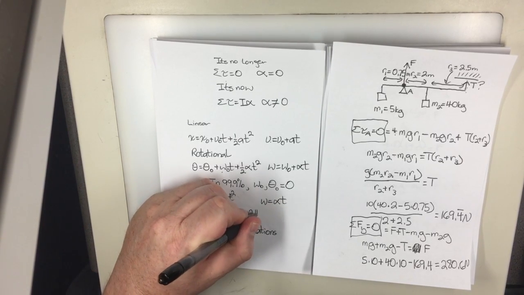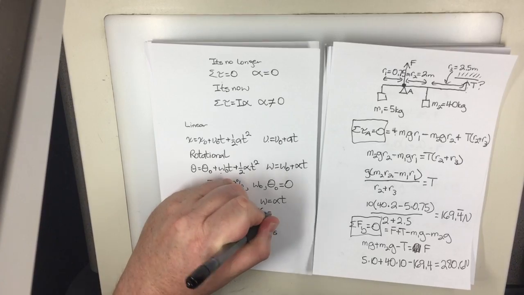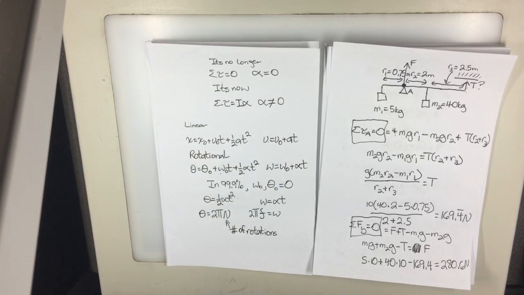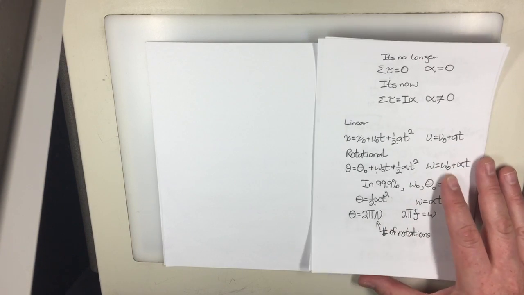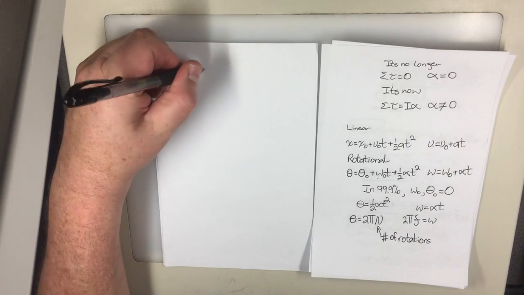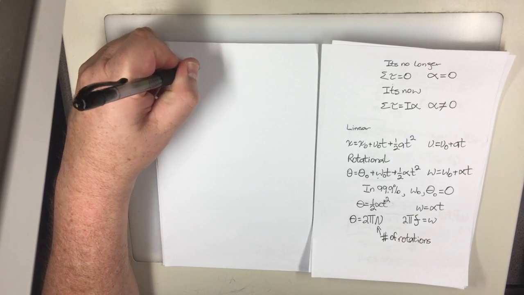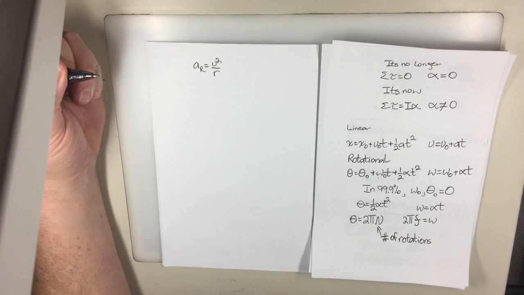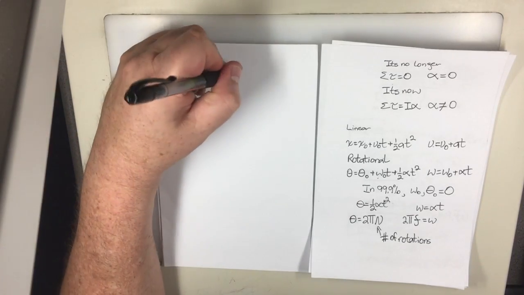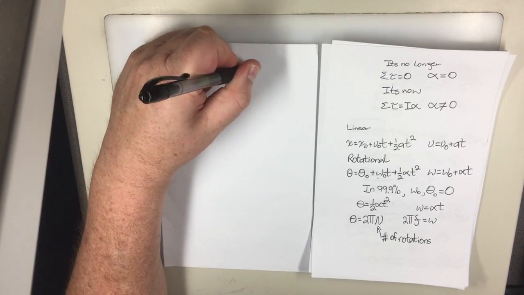You know that 2 pi f is equal to omega. So there will be certain situations where you have to substitute for that. There is radial acceleration equals v squared over r. There is v equals omega r.